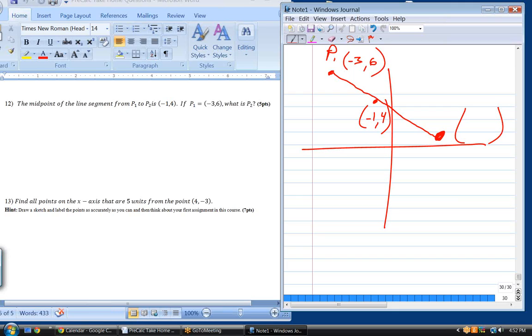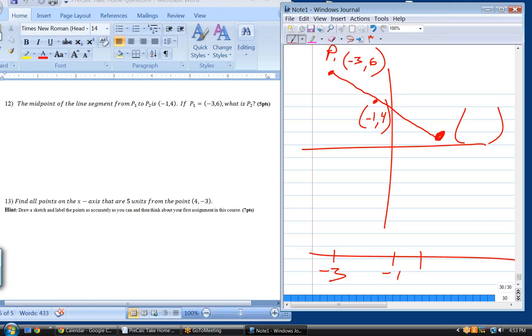What's the difference between -3 and -1? If I drew a number line, -3, there's -1. What's the distance between those two? No. What's the distance between -3 and -1? 2.